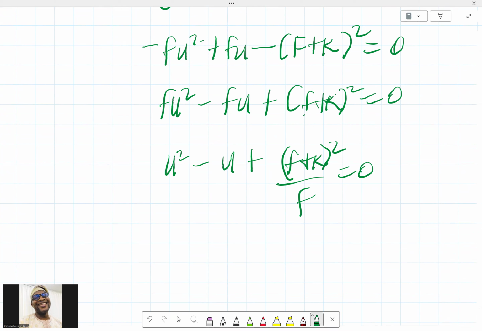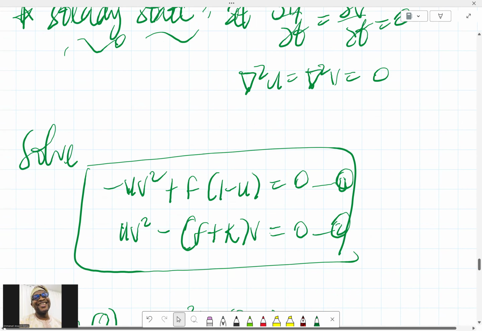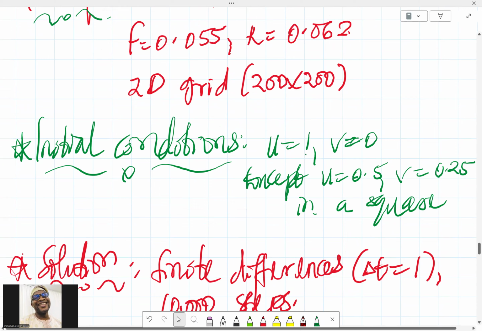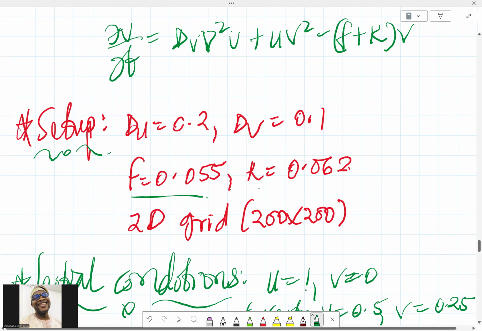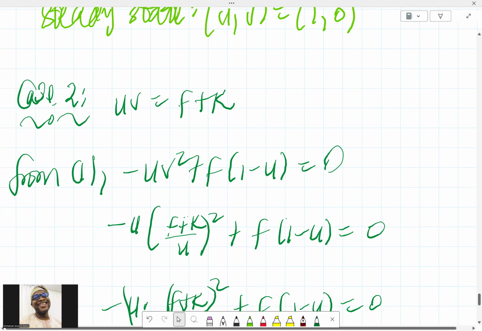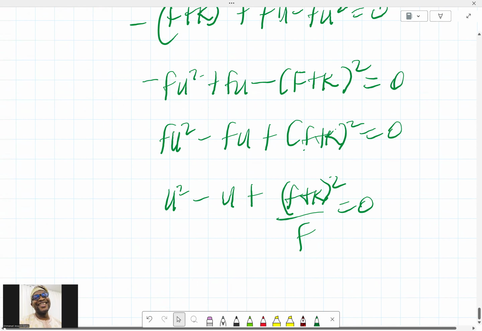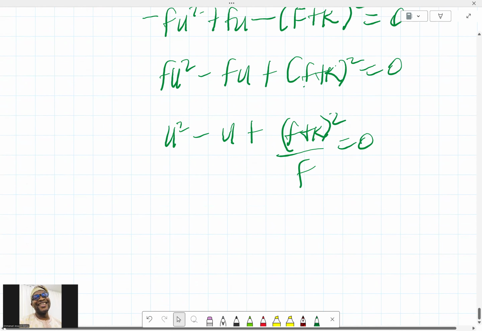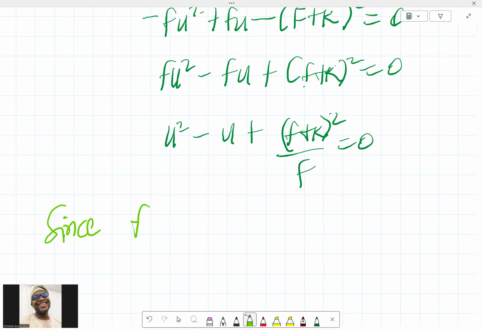But since we already have values for f and k, given up here, f is 0.055 and k is 0.062.